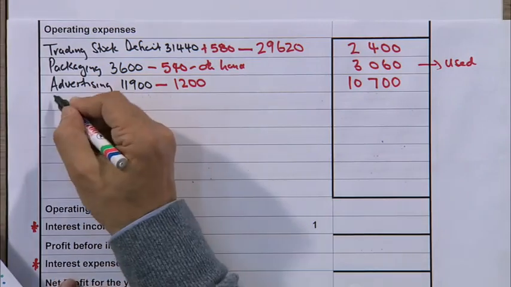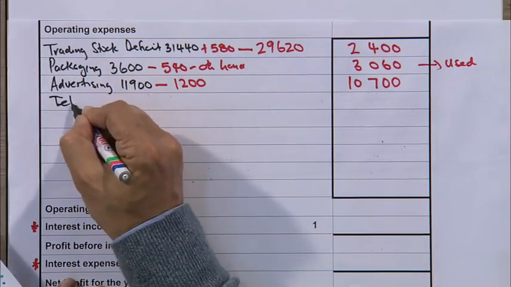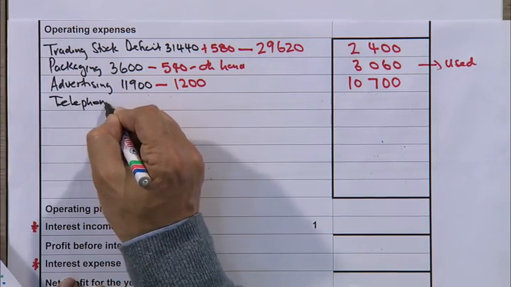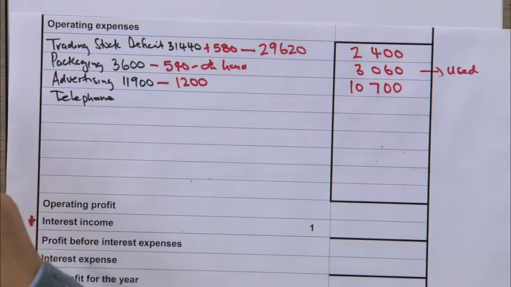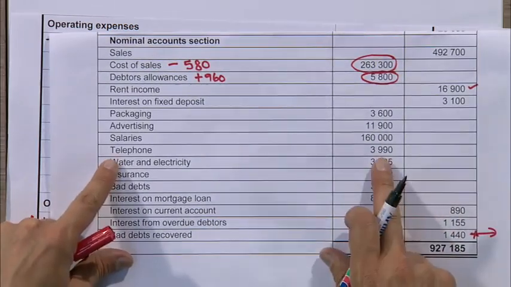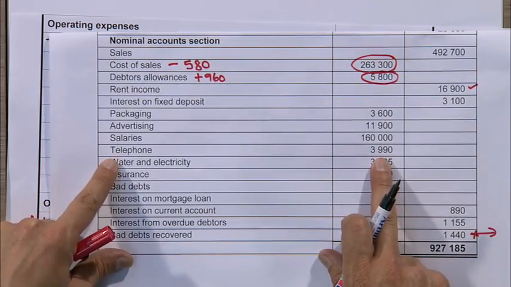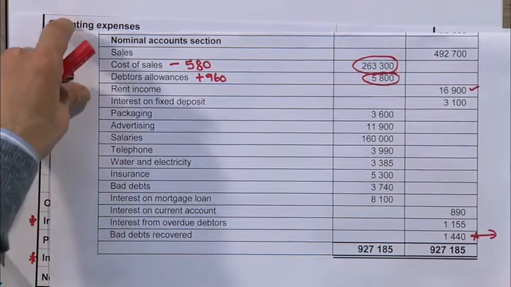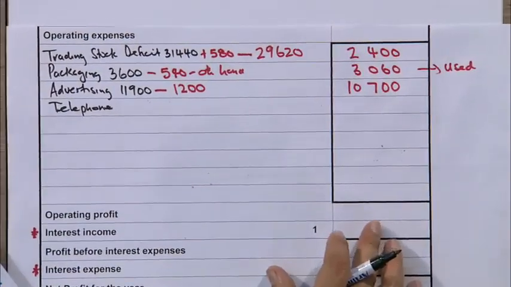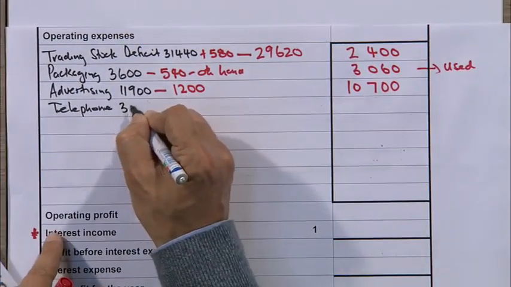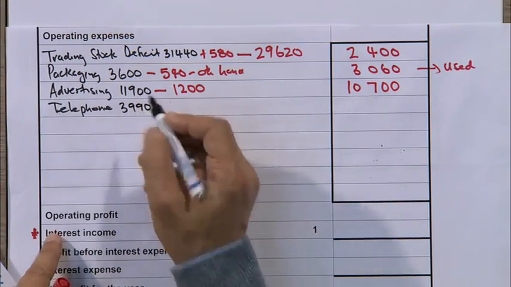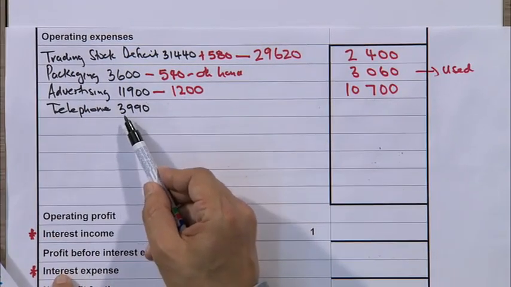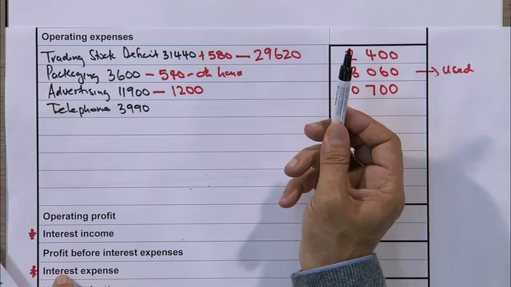So now I have to write the telephone, and the amount in the trial balance for telephone, here you can see it's 3,990. So that will be my starting point. So if the telephone is prepaid, then I have to minus.